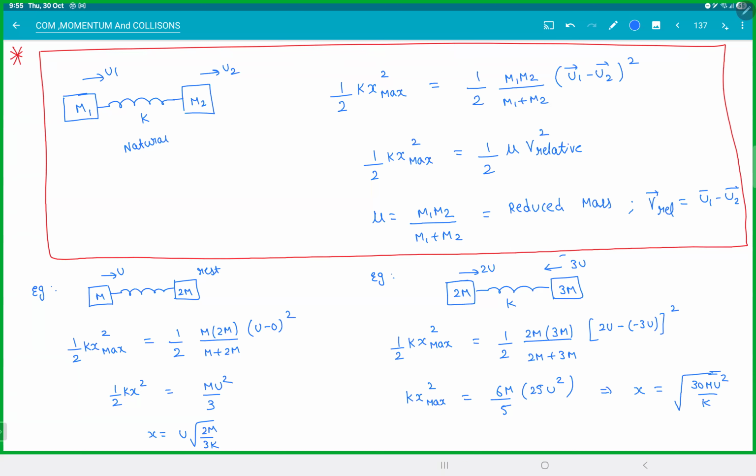It is not 3u minus 2u. It is 2u minus of minus 3u. Total becomes 5u. All clear with this? So this will be a good shortcut. It will help you. Instead of conserving and doing everything, you can just finish off with this. Saves you some time.